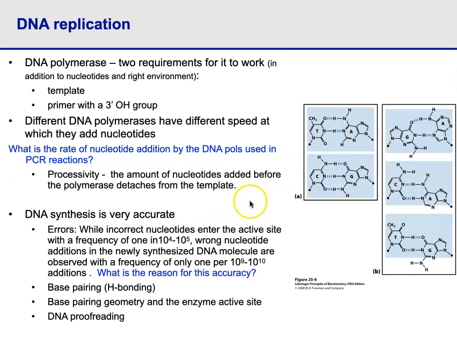Different DNA polymerases have a different rate of adding nucleotides into the growing chain. I'm asking you here, I don't know whether you remember, but what is the rate of nucleotide addition by DNA polymerases used in PCR reactions?